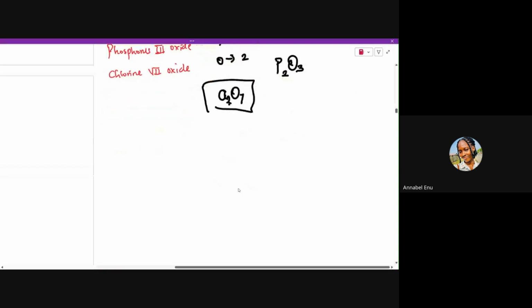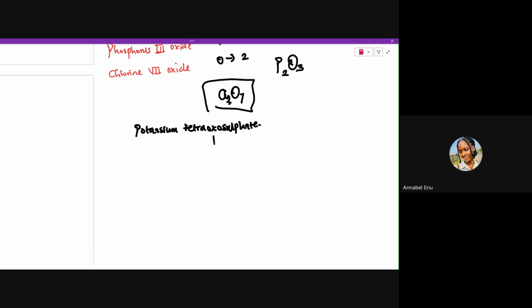Then what if we have something like potassium tetraoxosulfate?